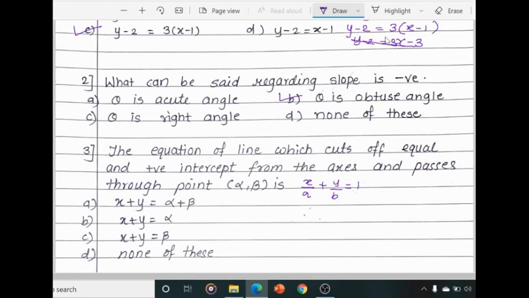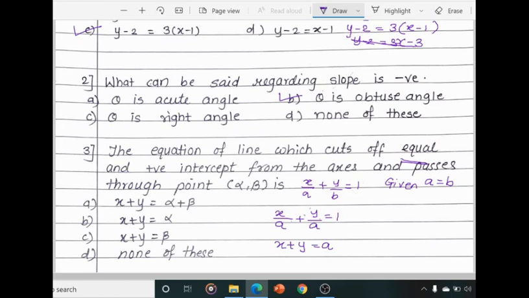But what is given here? Cuts off equal means the intercepts of the line are equal, so x intercept equals y intercept. Put those values over here: x upon a plus y upon a equals 1. Multiply by a, we get x plus y equals a.